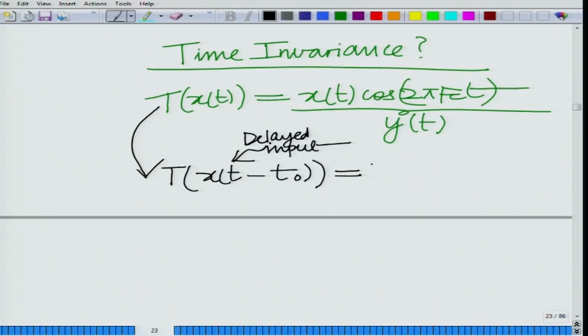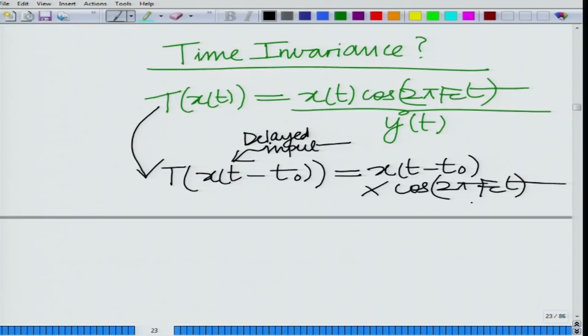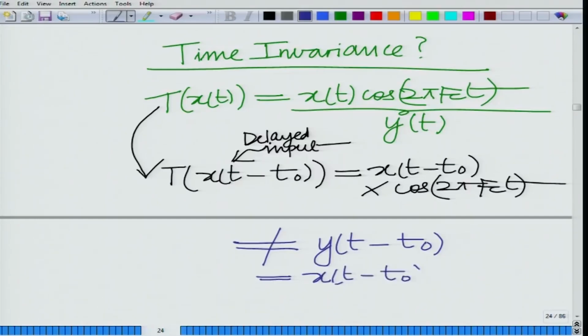This is equal to x of t minus t naught into cosine 2 pi fct. And now you see you have a problem here. This is not equal to y of t minus t naught, where y of t minus t naught you can see is x of t minus t naught into cosine 2 pi fc times t minus t naught. So, that is the problem.